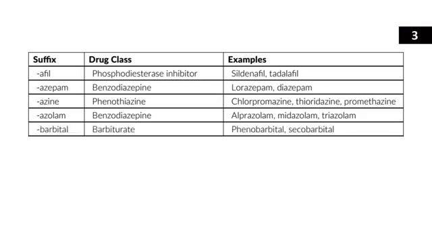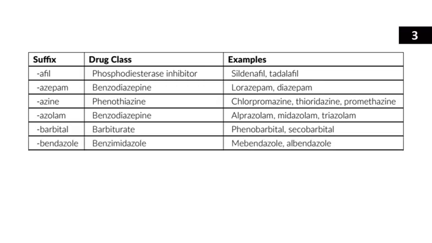Drugs that end in barbital are barbiturates, like phenobarbital and secobarbital. Bendazole are antiparasitic drugs, like mebendazole or albendazole, which are used for worm infections, like helminth infections. You can think about how worms are bendy, and you can use bendazole to treat those.